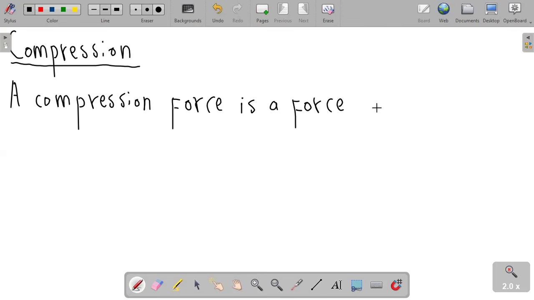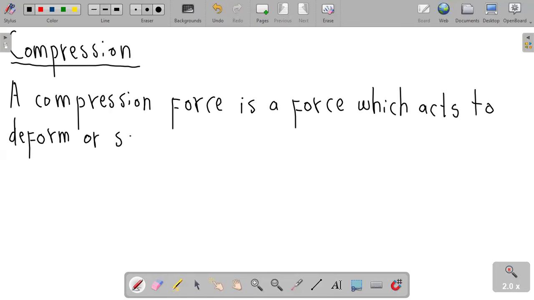A compression force is a force which acts to deform or squash an object.